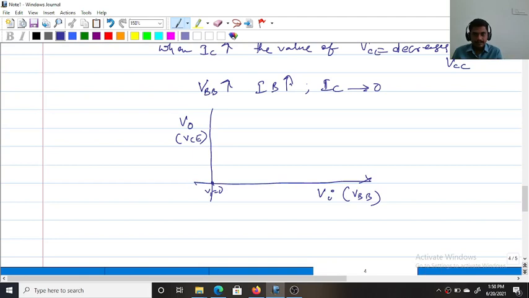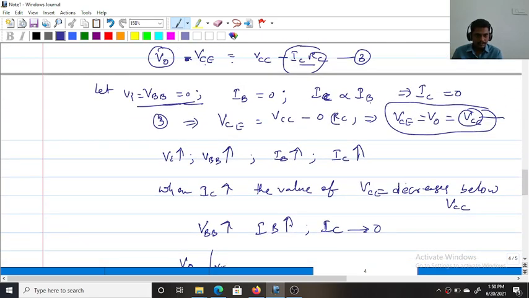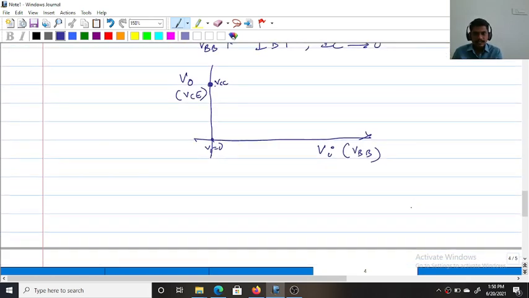The voltage of the battery is nothing but the maximum voltage, VCC. So here V0 equals VCC, a high value. As the input voltage increases, what happens? VCE decreases, so the output voltage decreases.